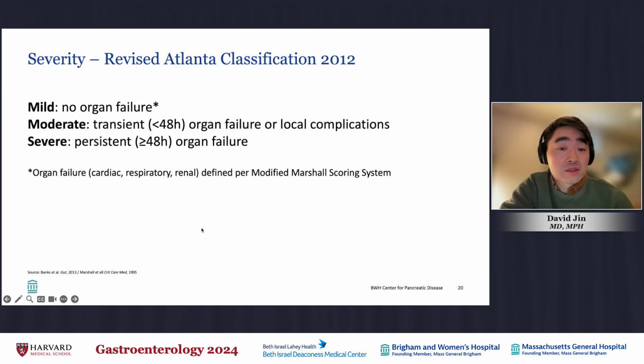Severe acute pancreatitis is defined by persistent organ failure lasting greater than 48 hours. Organ failure itself is defined according to the modified Marshall scoring system and represents three separate organ systems: the cardiac system, respiratory system, and renal system.